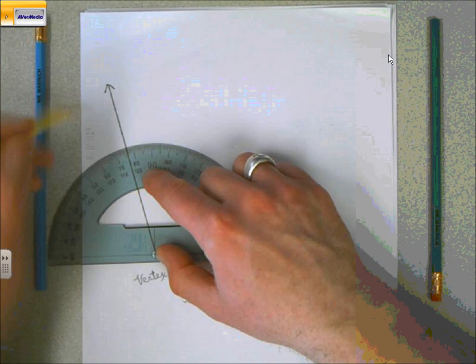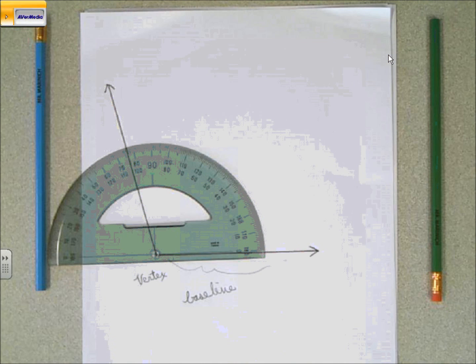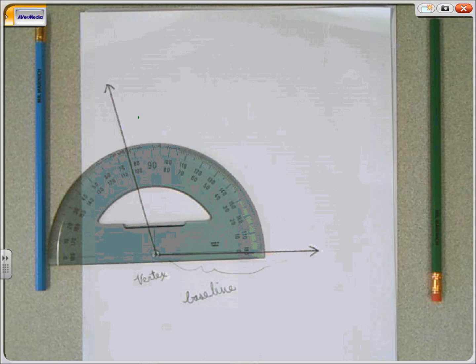You can see it right there. And I'll take a moment to kind of point that out. Right through here. You can see that passes through right about 104 degrees.